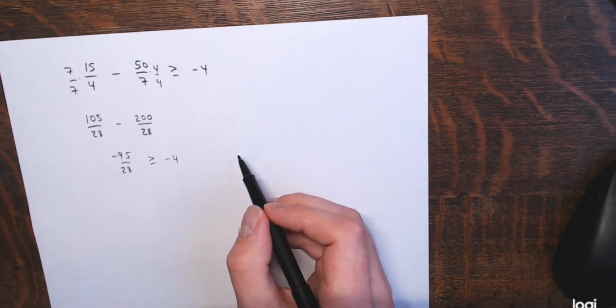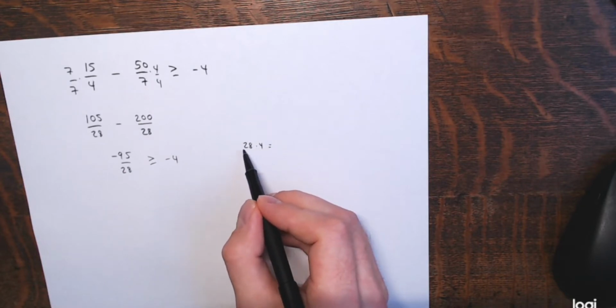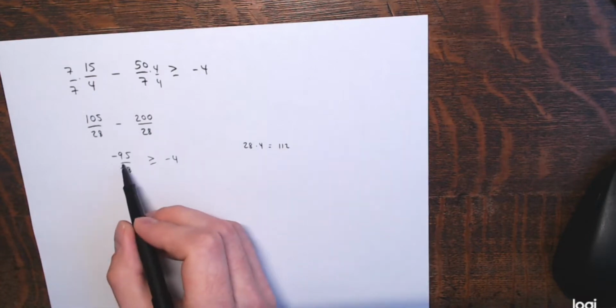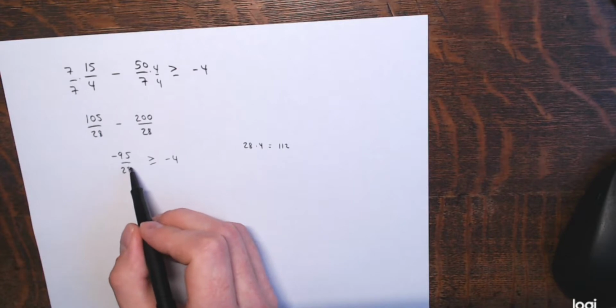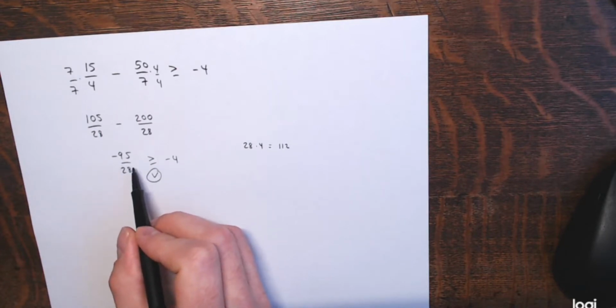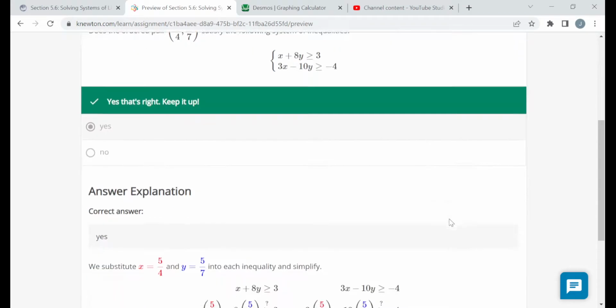Let's see. 28 times 4 would be 80 plus 32, 112. Yeah, this isn't negative 112. This is good. This works. This is negative 3 point something, which is greater than negative 4. So both are satisfied by that point. Wonderful.